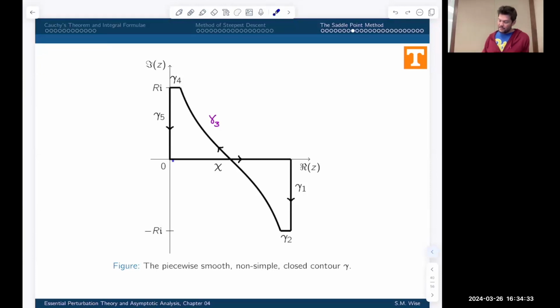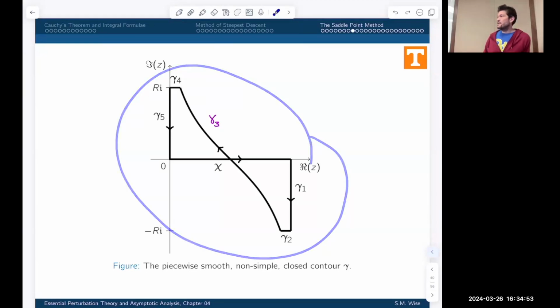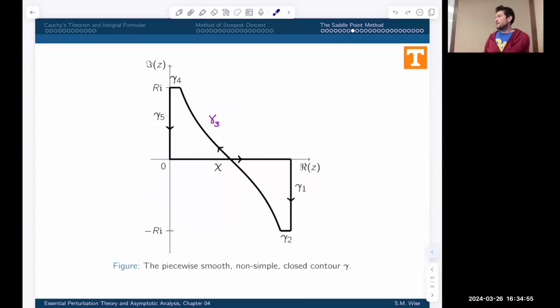So in other words, the contour integral along here is the same as the contour integral taken along this contour. We're just running gamma 5 in reverse and then gamma 4 in reverse, etc. And we get to the same points. Because we're on a set where everything is analytic in sight, the integrals are exactly equal to each other.